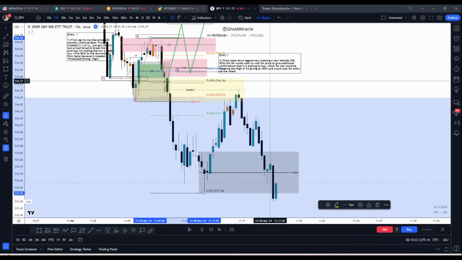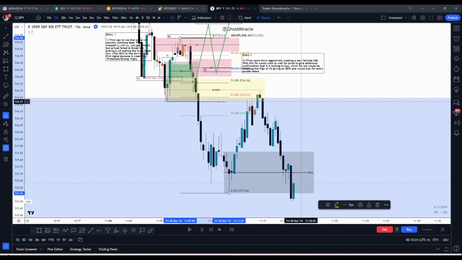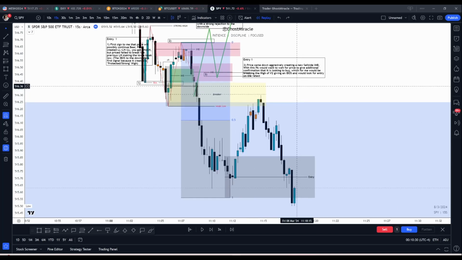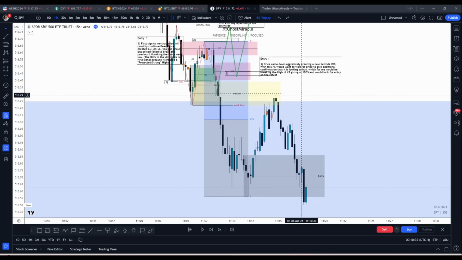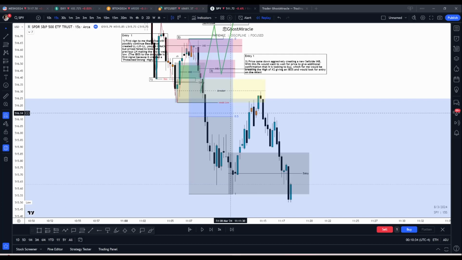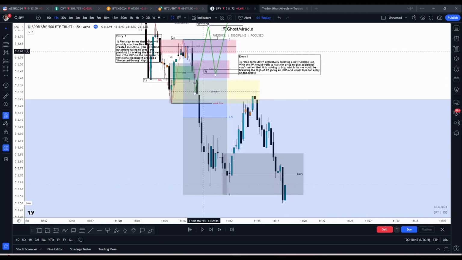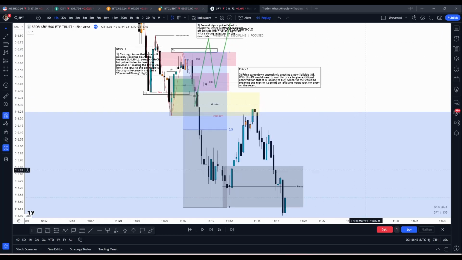I could use the fib if you want to, but I don't really use the fib much. I more so use the premium discount PD array tool, if you will, where you would expect price based off the swing of this move or this leg.